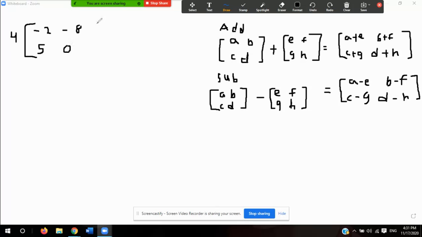And we're going to add that to another matrix. So that would be plus negative 3, 8, 6, and negative 5.